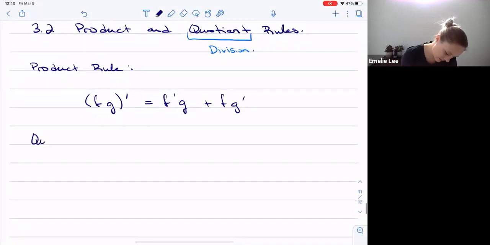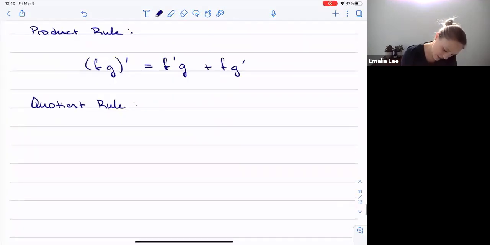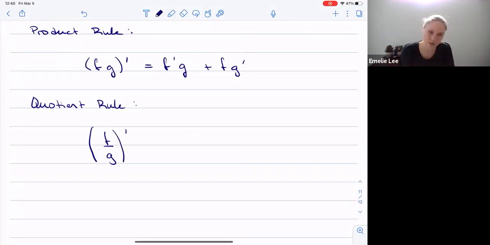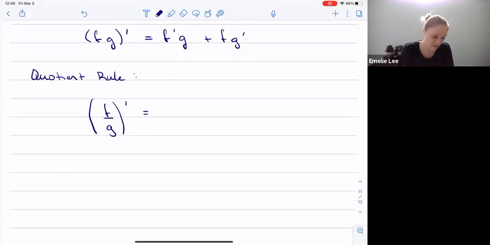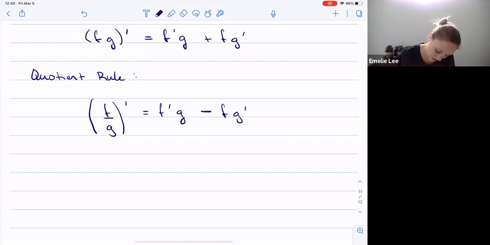And in the same breath, we've got the quotient rule, which says that if you have f over g, a function over a function, and you want to take the derivative of that, this one's probably the nastiest, it becomes f prime g minus f g prime.